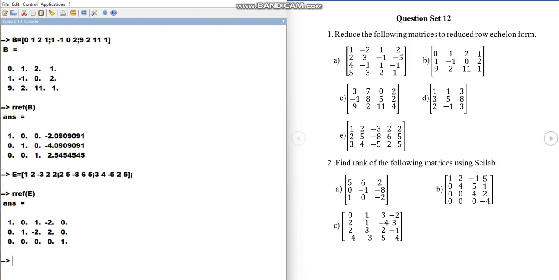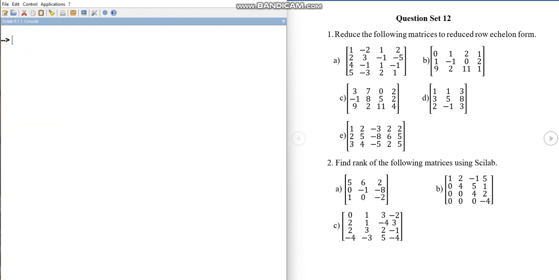So let us find the rank for the matrix A, which is given. Now here we are not finding the row echelon form, but in the first question we are just going to verify it, and then we can go ahead. Okay, let us do it. 1, 0, minus 2.